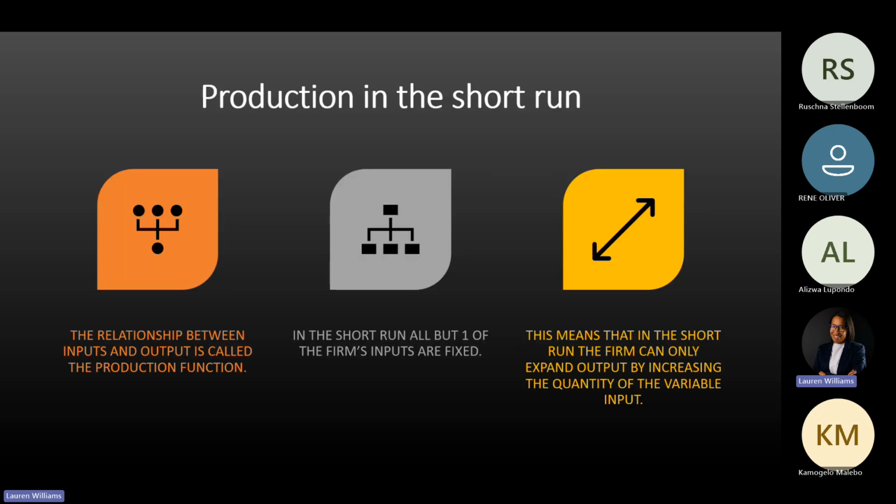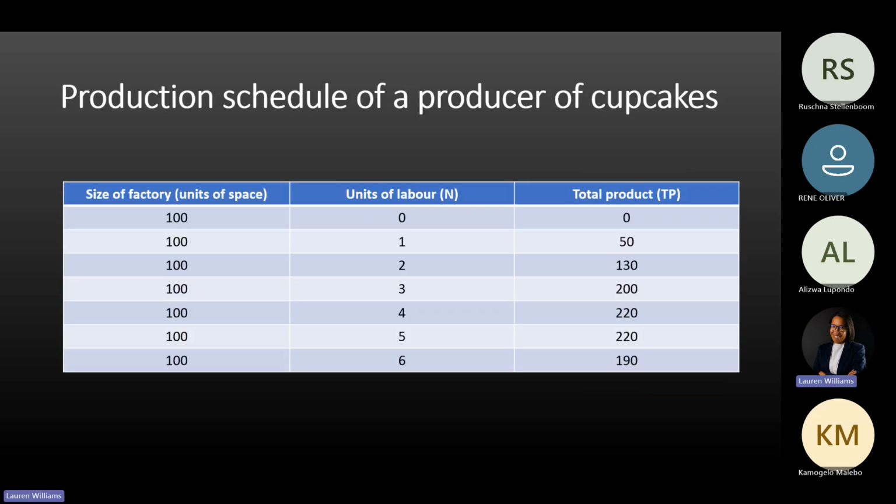Okay. So again, we covered this, right? Now we're looking at this particular business in the short run. Here is the production schedule for cupcakes. You can see that in the short run, the size of the factory doesn't change. So we're looking at this business based on the number of laborers that this cupcake business is employing.